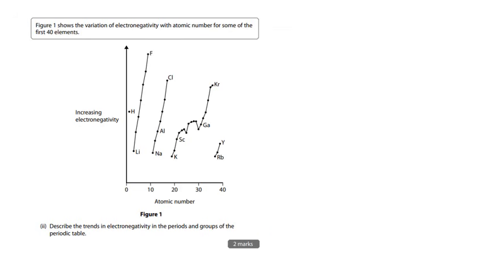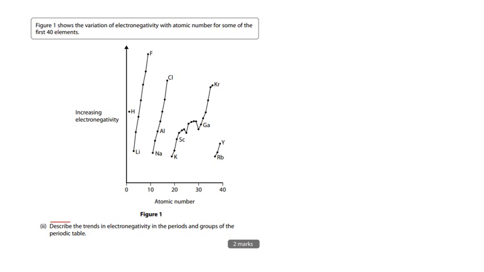The figure shows the variation of electronegativity with atomic number for some of the 40 elements, and it says describe. That's our command word. It doesn't say explain, it says describe the trends in electronegativity in the periods and in the groups. 1 mark for each probably.